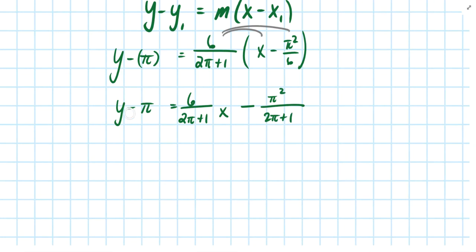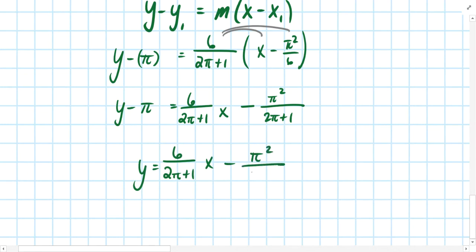And now the last thing to do is to add pi to both sides of the equation. y is equal to 6 over 2 pi plus 1 x minus pi squared over 2 pi plus 1 plus pi.